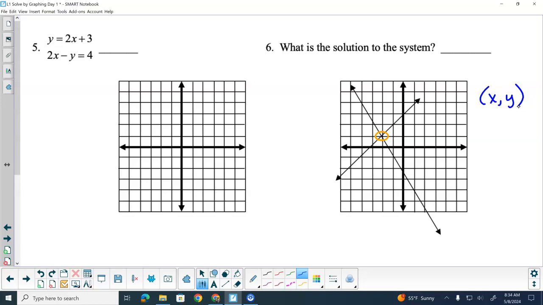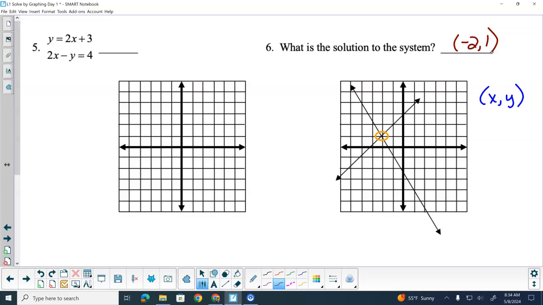Minus 2, comma, positive 1, right? Yep, exactly. So our solution set here would be the point (-2, 1). Okay? Because that's the point where those 2 lines cross. Everybody with me on that? We're looking for that point where those lines cross.